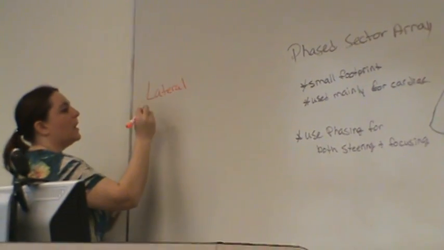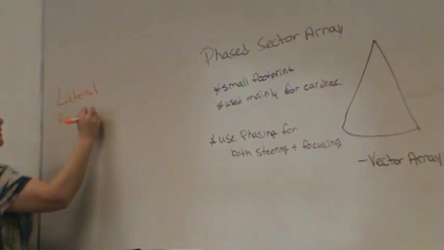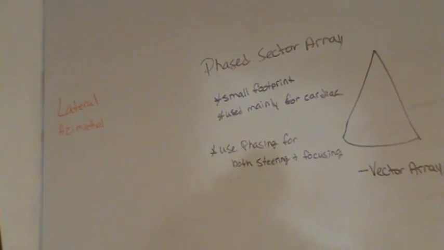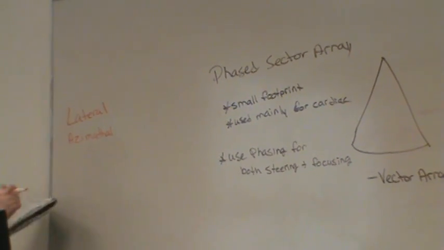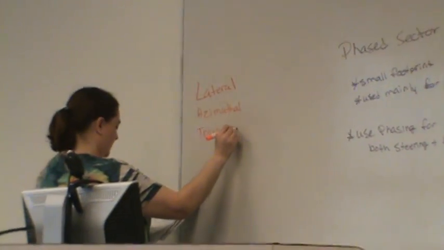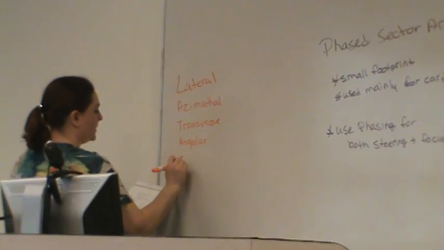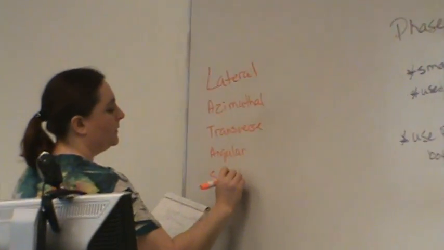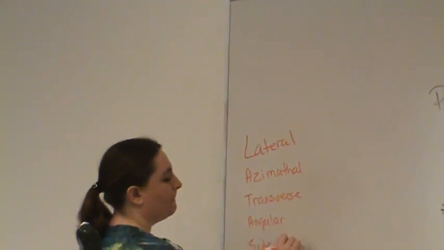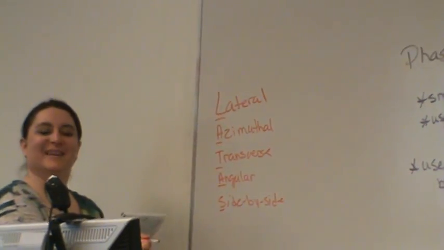So when we're talking about lateral, it's also called azimuthal, transverse, or angular. Remember it's Lata or Latas.